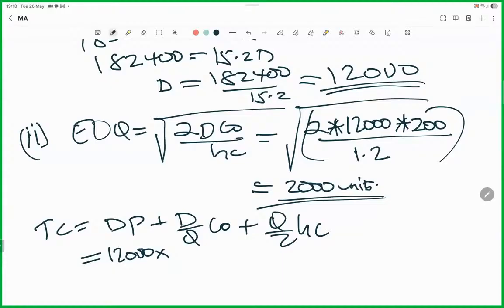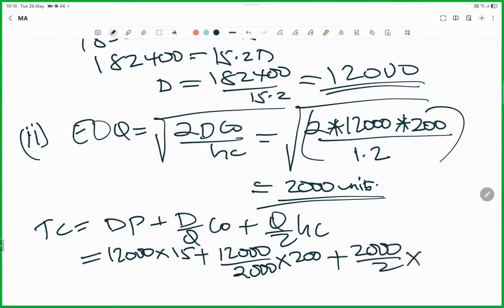The same, 15. Plus annual demand over Q, 2,000. Cost per order is 200, plus Q over 2, our Q is 2,000 over 2 times the HC, where our HC is 1.2.